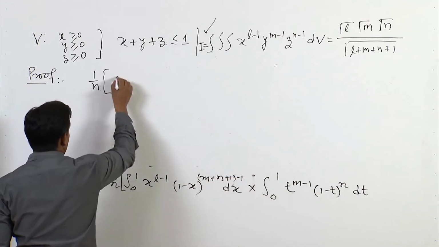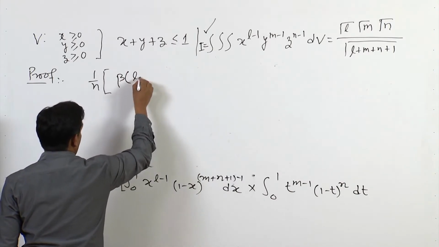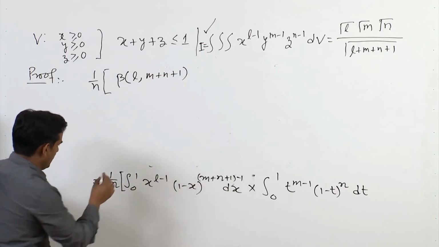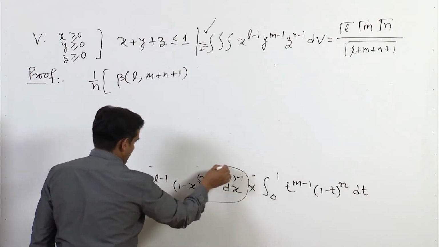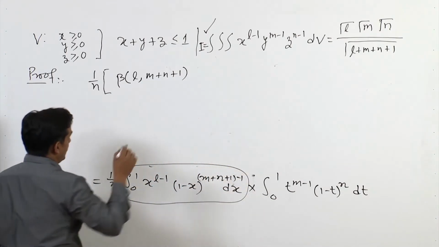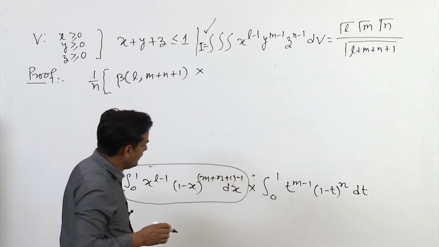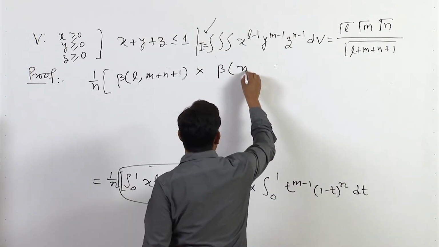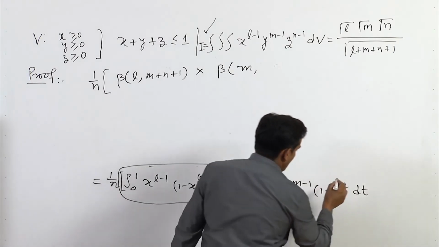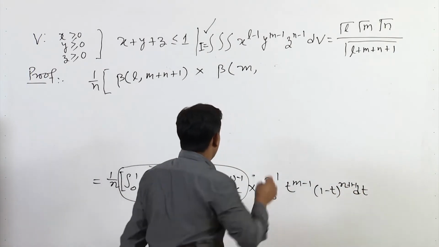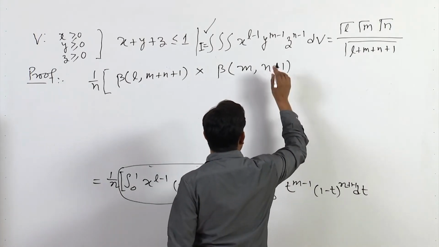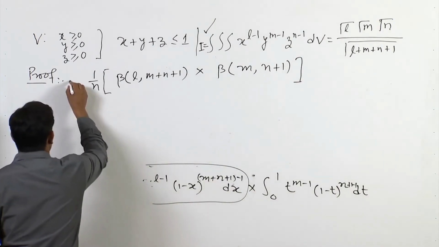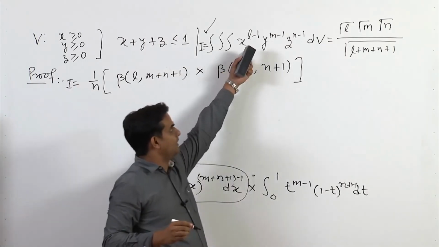So, this I can write beta of L, m plus n plus 1, this particular integral, the first one, into the second integral I can write beta of m minus 1 will be m, and this I can write n plus 1 minus 1. So, n plus 1.